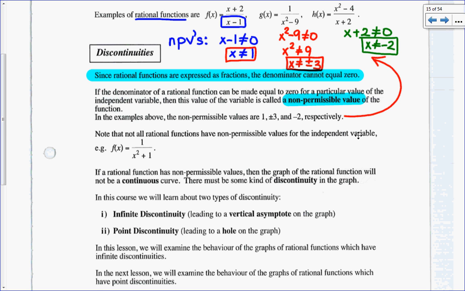Now, not all rational functions have non-permissible values. For instance, here's an example of a function that has no non-permissible value. Why would that be? When you look at the value that x could be, if x was 0, we'd have 0 squared, which is 0, plus 1. So we'd have a value of 1 in the denominator. That's okay.